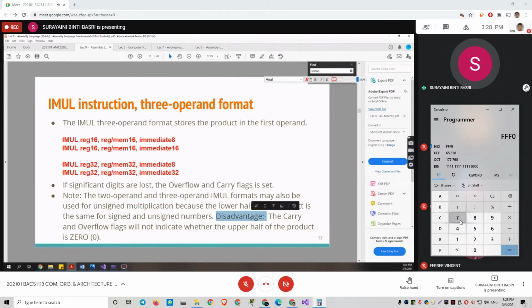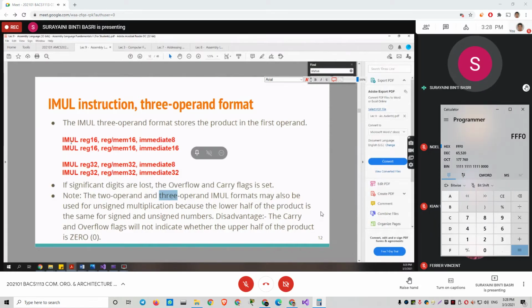The disadvantage of this is the carry and overflow flags will not indicate whether the upper half of the product is zero or not. So what you need to remember is the two operand and three operand formats can be applied with unsigned numbers.